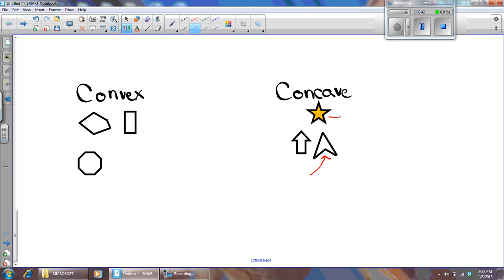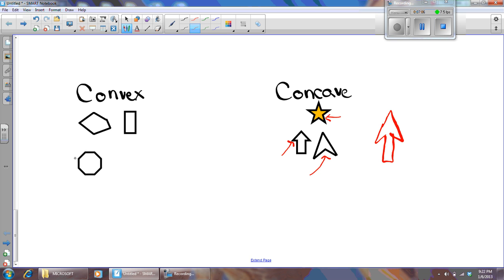See how they're kind of going inside on themselves? Right? Even the arrow there kind of pushing in. Maybe a better arrow would look like this one, where you can see it more. It's going in on itself. If it's going in on itself, it's concave. If it's not going in on itself, we say it's convex.